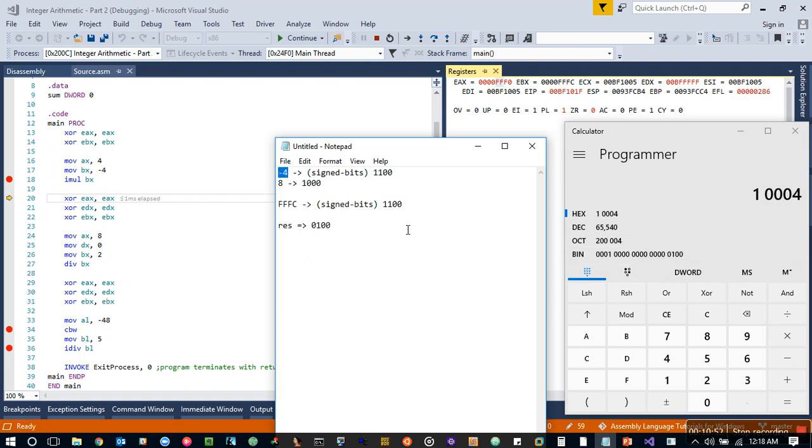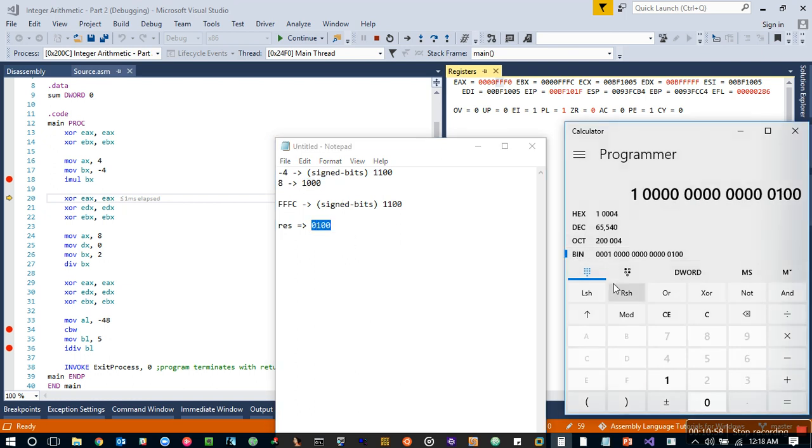So minus 4 is represented like this, and 8 is represented like this. So what does this mean? 100. You see something? I hope you saw something. So you know what's happening: all the negative integers are actually stored in a complementary way.